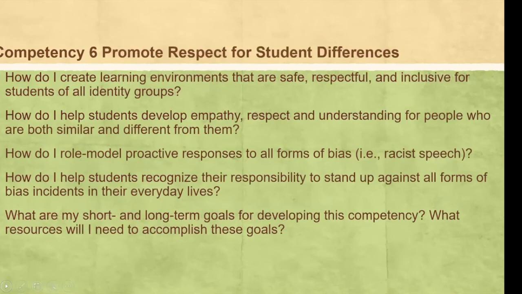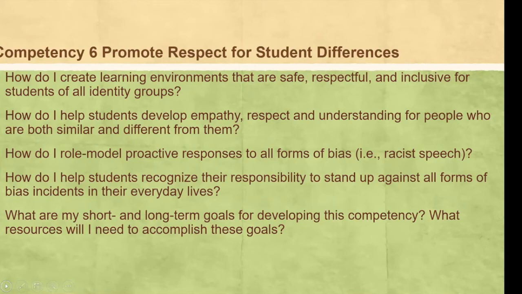Promote respect for student differences. How do I create learning environments that are safe, respectful, and inclusive for students of all identity groups? How do I help students develop empathy, respect, and understanding for people who are both similar and different from them? How do I role model proactive responses to all forms of bias? Racist speech is one, but how do I even just acknowledge that bias exists?